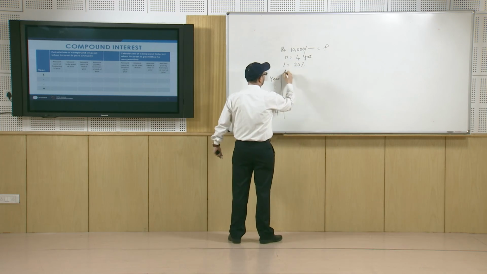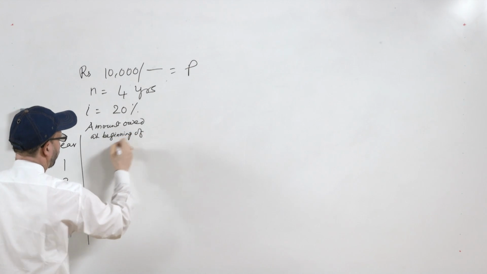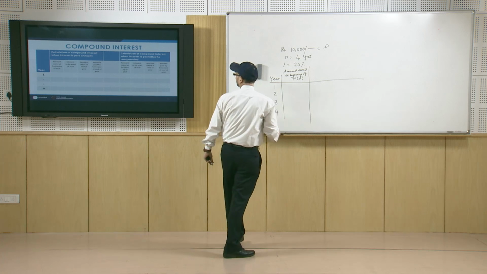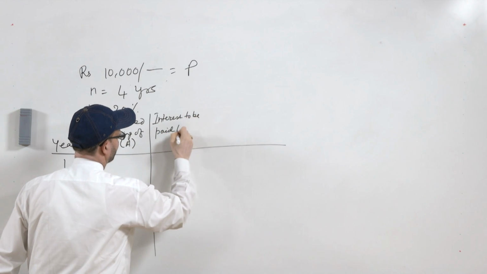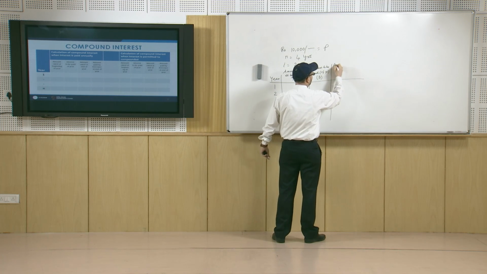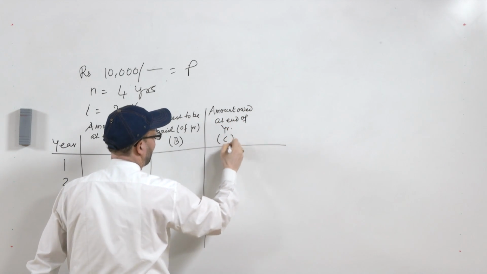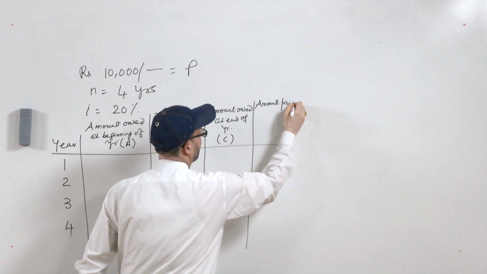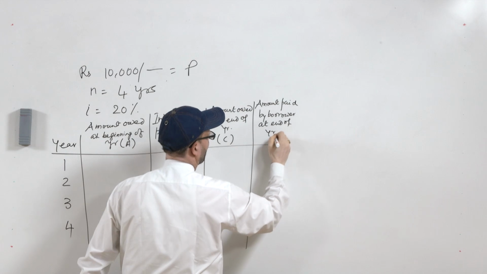Now, the amount owed at the beginning of the year, that we can take as A. Similarly, the interest to be paid during the year, that will be taken as B. The amount owed at the end of the year, we can take as C, and the amount paid by the borrower at the end of the year, that we can take as D.